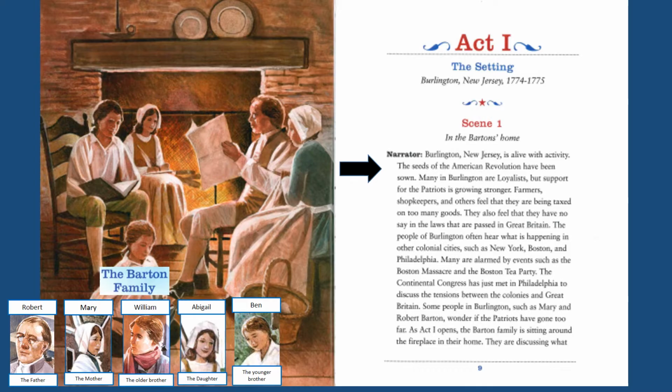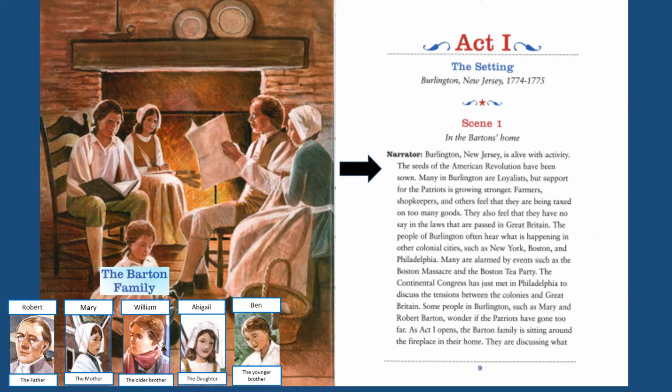The people of Burlington often hear what is happening in other colonial cities, such as New York, Boston, and Philadelphia. Many are alarmed by events such as the Boston Massacre and the Boston Tea Party. The Continental Congress has just met in Philadelphia to discuss the tensions between the colonies and Great Britain.